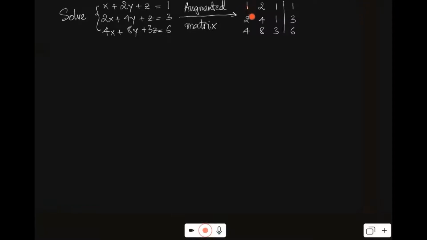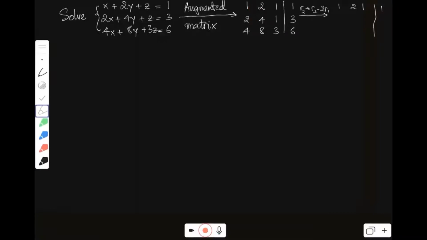And so you want to zero out the number 2 and the number 4 below it. You want to make changes on row 2. In order to eliminate the number 2, you make row 2 minus 2 row 1. So that means row 1 stays unchanged. And so you will start doing 2 minus 2 times 1, that is 0.